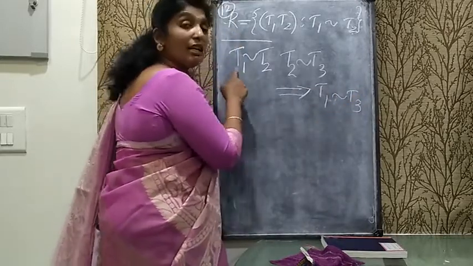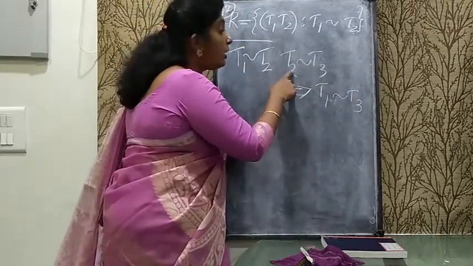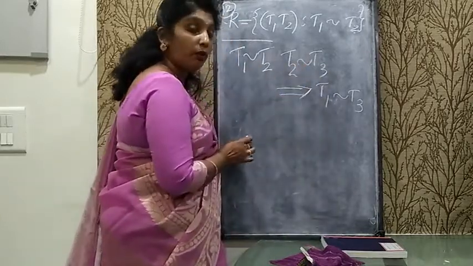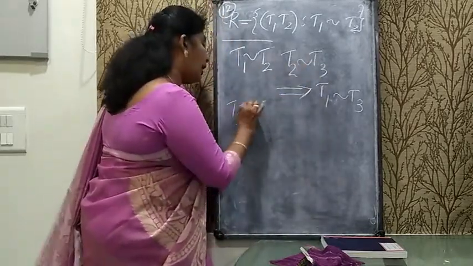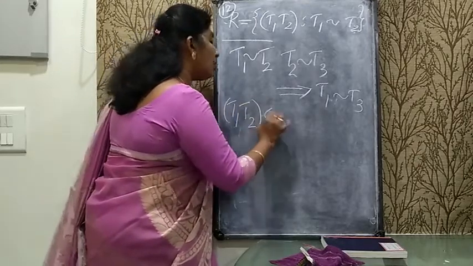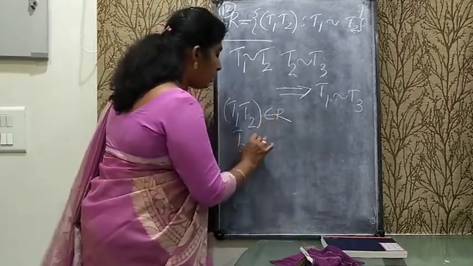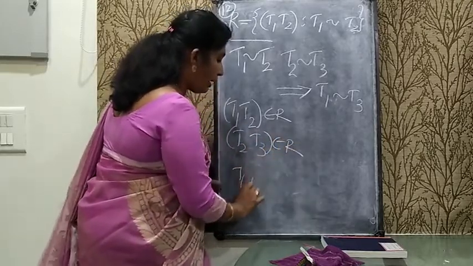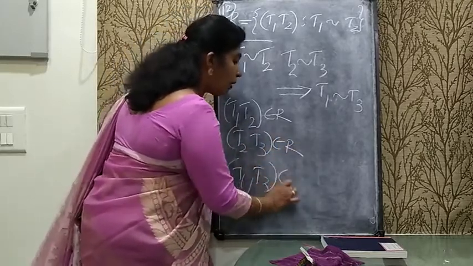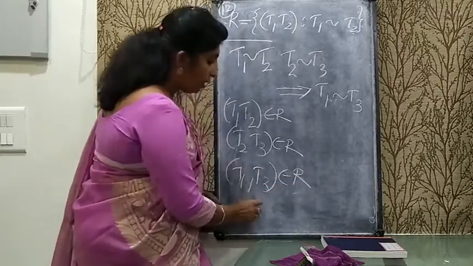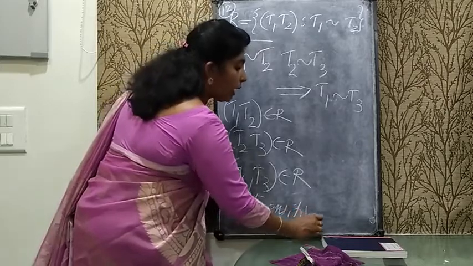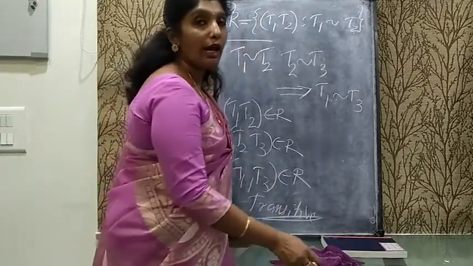If T1 is similar to T2 and T2 is similar to T3, then definitely T1 will be similar to T3. It means you just have to conclude the answer as (T1, T2) belongs to the relation and (T2, T3) belongs to the relation, then definitely (T1, T3) also belongs to the relation. Therefore, it is transitive. You have to conclude it. Therefore, our relation is transitive. Okay?